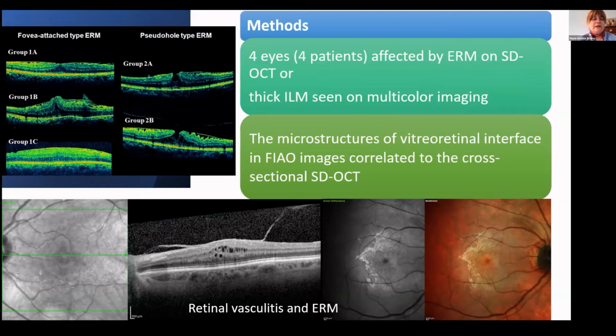You see on the left side of the slide what group 1A ERM looks like on OCT. And other patients had a thick ILM, internal limiting membrane, on multicolor imaging. ERM is epiretinal membrane.